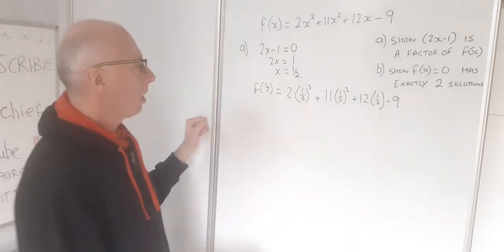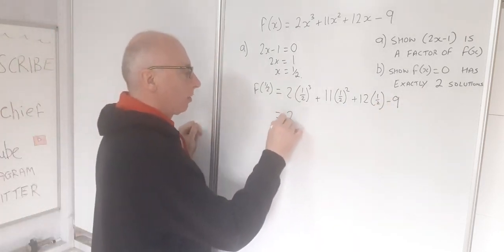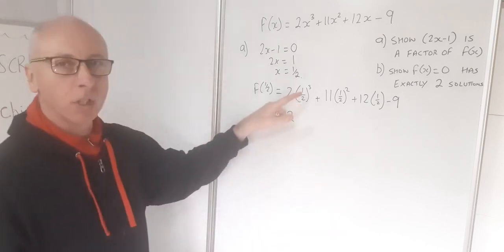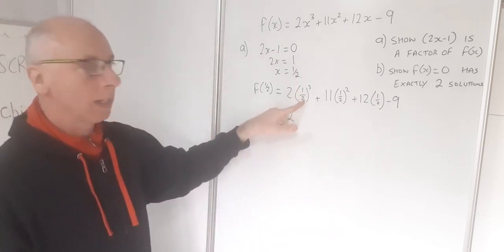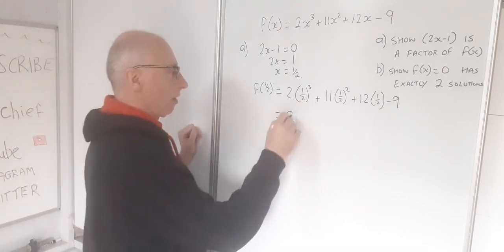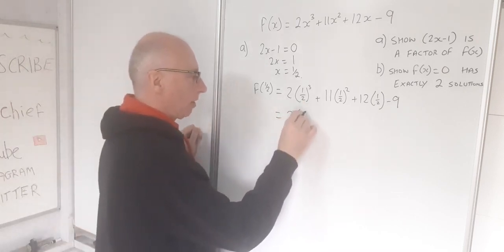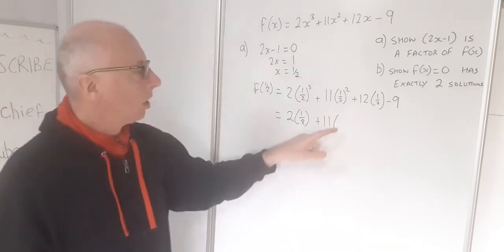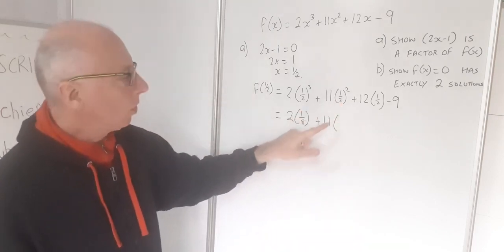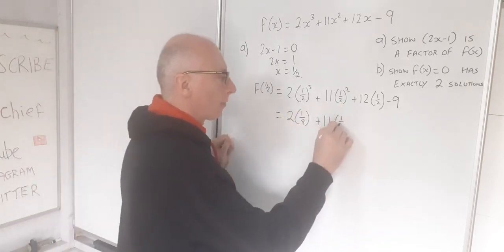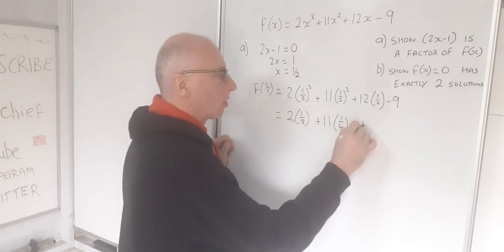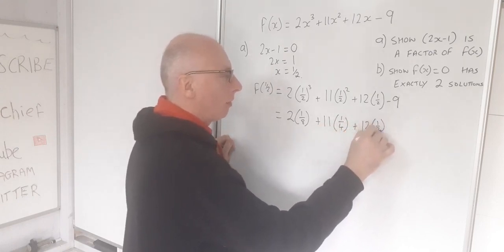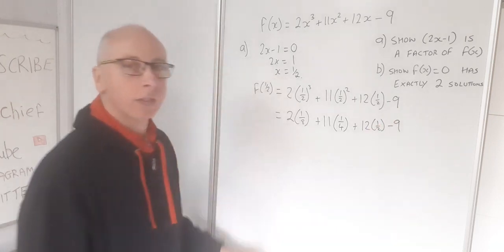So let's do our calculations on this. So 2 times a half cubed, well 2 cubed is 8, so that is 1/8. So 2 times 1/8 plus 11 times a half squared, well 2 squared is 4, so that's going to be 11 times a quarter. And then add 12 times a half minus 9.